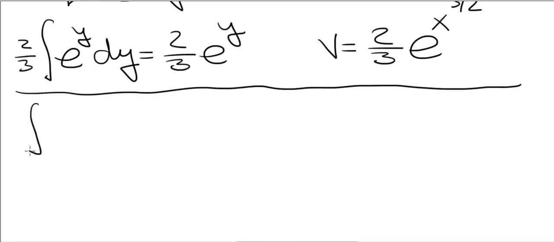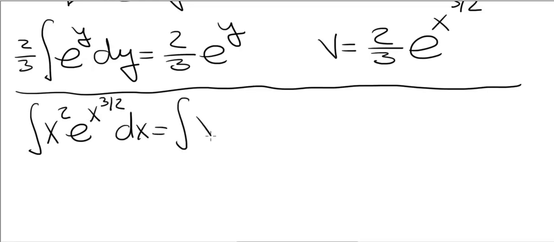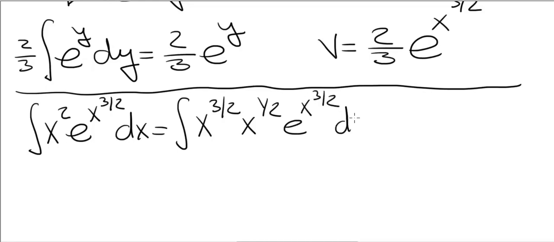We wanted to evaluate the integral of x squared e to the x to the 3/2. First, we wrote it as x to the 3/2 times x to the 1/2 times e to the x to the 3/2.